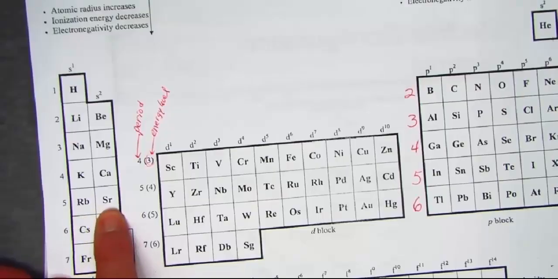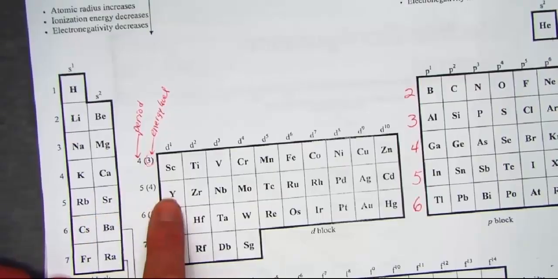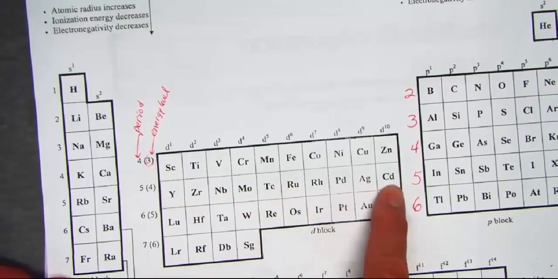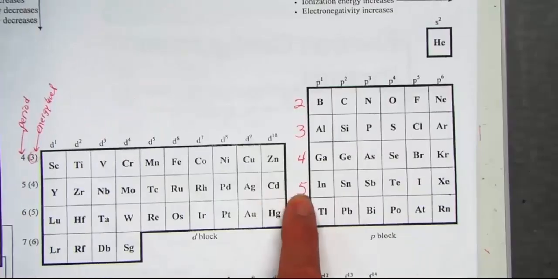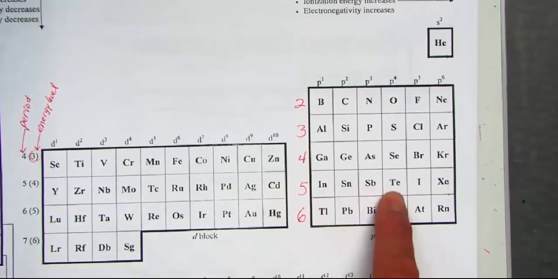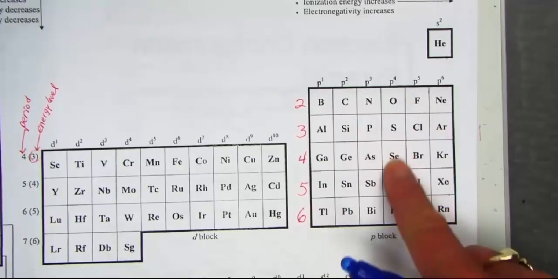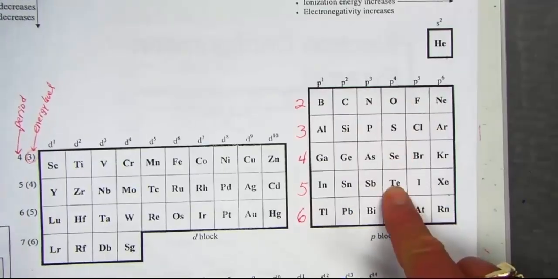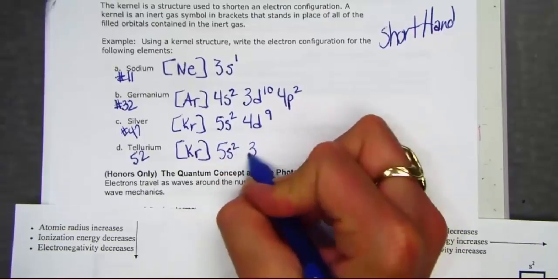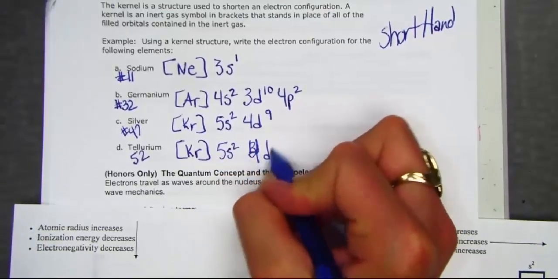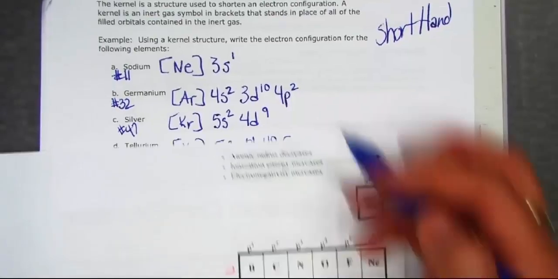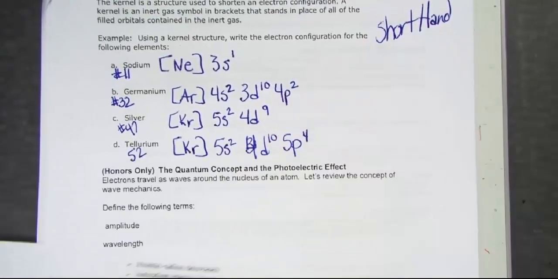The 5s2 sublevel gets passed through. 1 behind the period, we have to pass all the way through the 4d sublevel. We go back to the 5th principal energy level for the p block. Tellurium is 4 over in the p block. So we said 5s2, 4d10, 5p4 to get to tellurium.